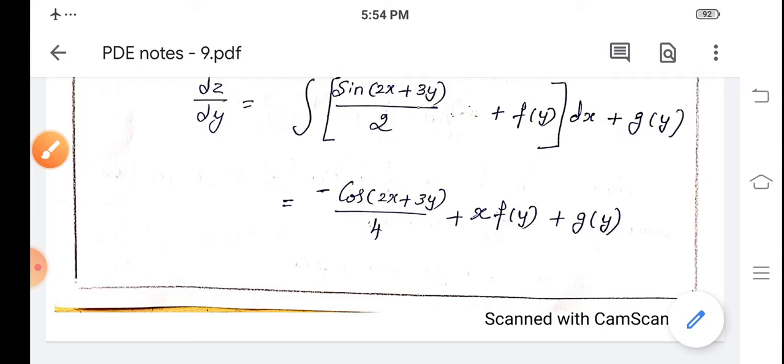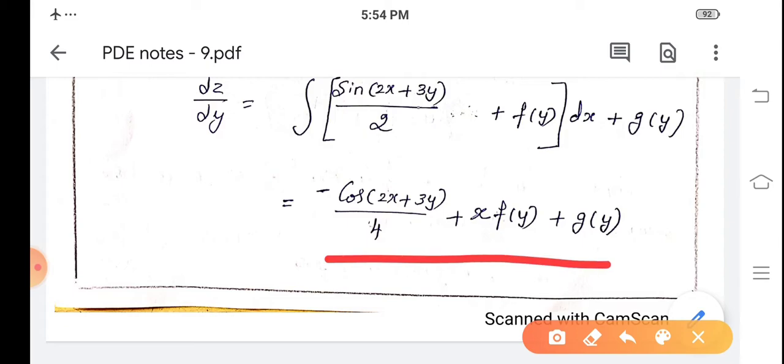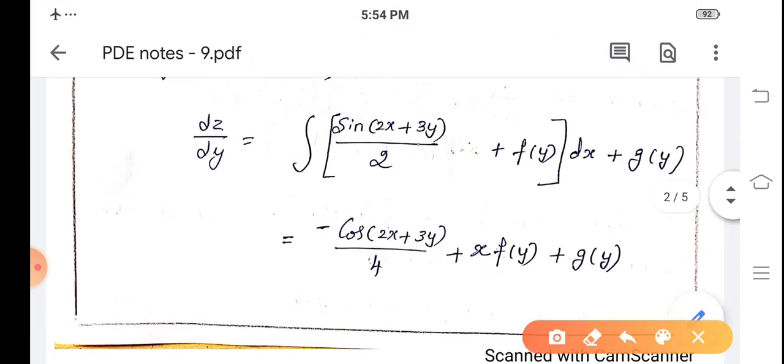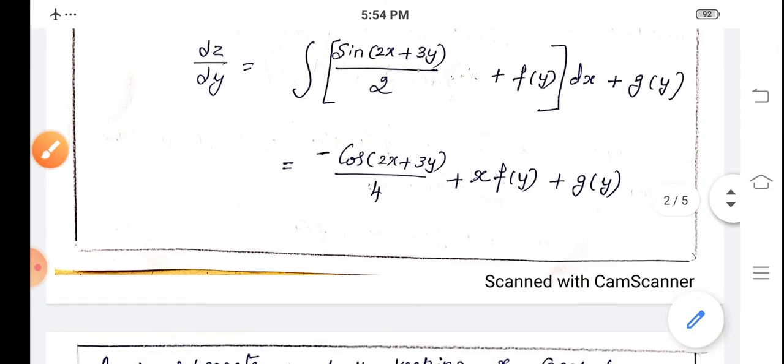So we obtain ∂z/∂y equal to minus cos(2x + 3y) divided by 4 plus x into f(y) plus g(y). Now next, to obtain the solution for z, in the next step we integrate with respect to y keeping x constant.